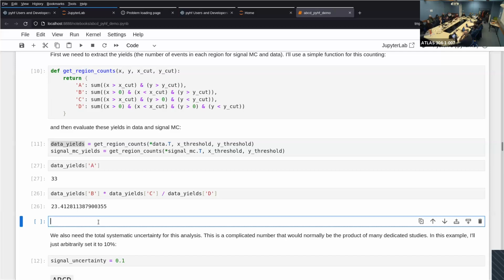SUSY and Exotics have used a non-likelihood-based approach for ABCD. Even in Standard Model for ATLAS, the default is to use a regular non-likelihood-based approach for estimating things.